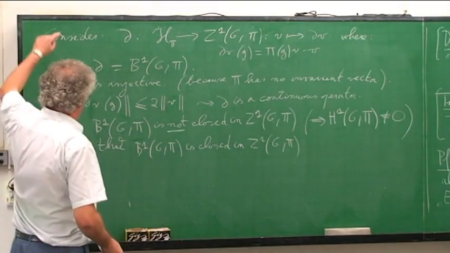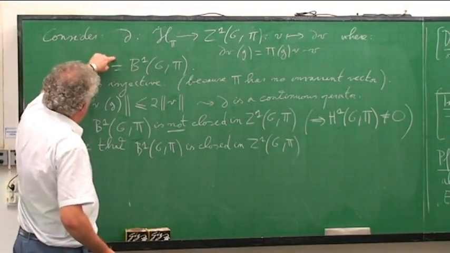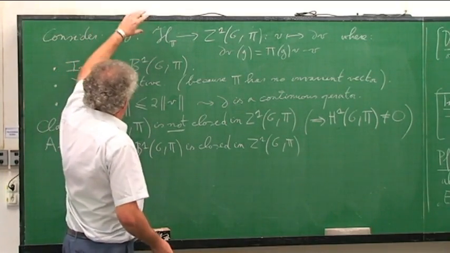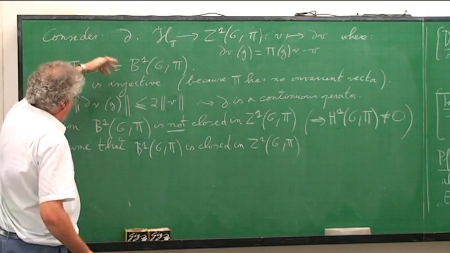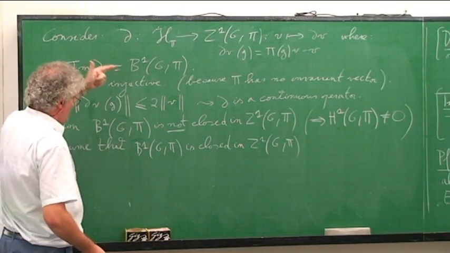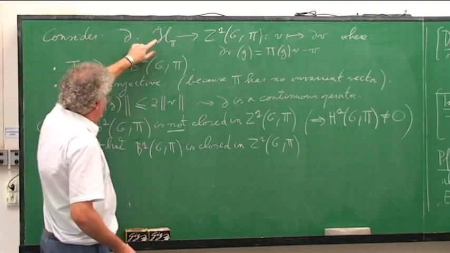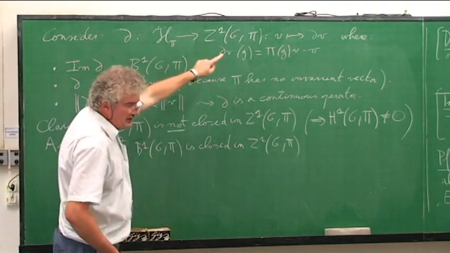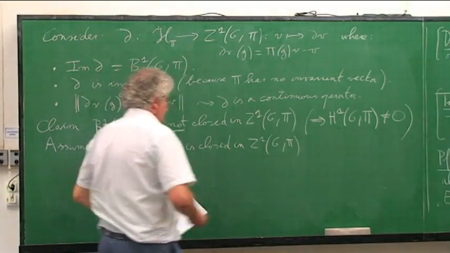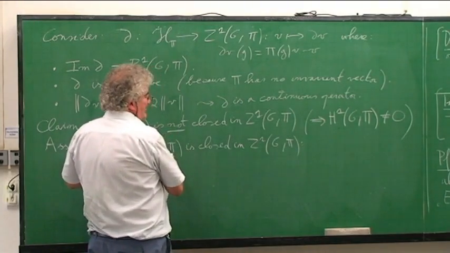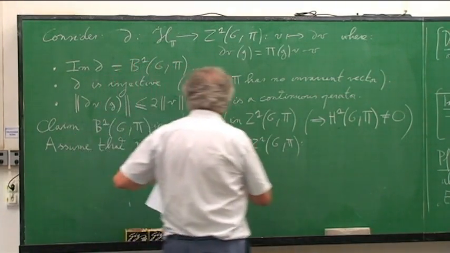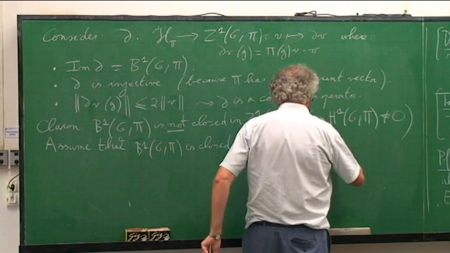This means that del is a continuous bijective map from a Hilbert space to a Fréchet space, because if it's closed, then it's also Fréchet.